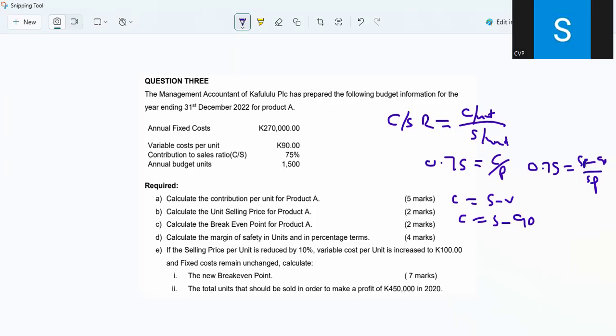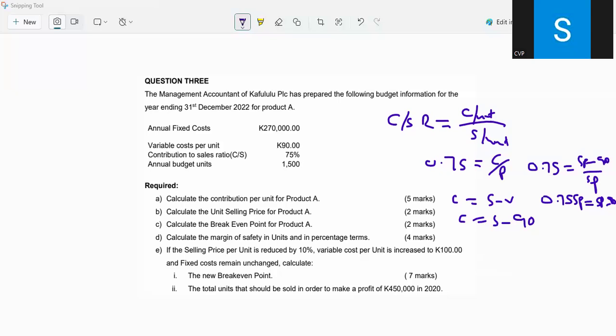We want to make selling price the subject, so just cross multiply. 0.75 times selling price is equal to selling price minus 90. You make the selling price the subject of the formula, and you find your selling price as 360.